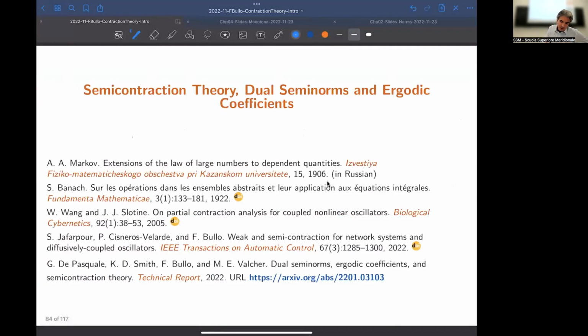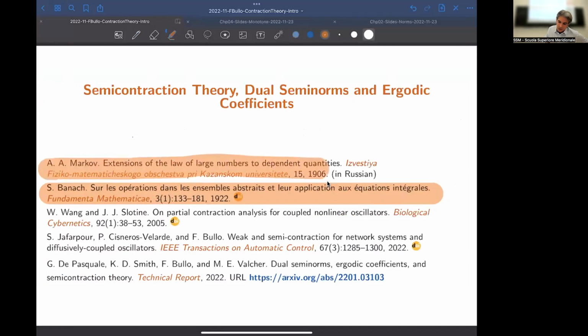And the statement is that, remember I told you that Banach wrote his PhD thesis in 1922. But it turns out that many of the concepts he used were pretty clear and well known. Several years before, maybe 16 years earlier, Andrei Markov wrote his paper on Markov chains.